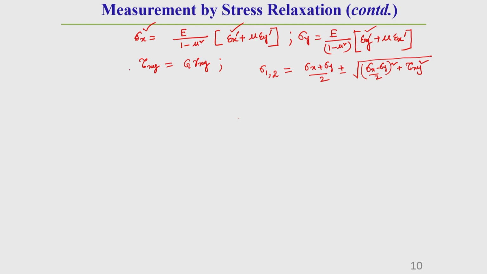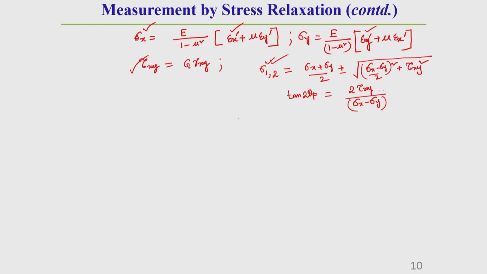So, everything is known to you. By using these you can easily find out the maximum stress developed and its direction. How can we find out? Here you can find out tan 2 theta p is equal to 2 tau xy divided by sigma x minus sigma y.